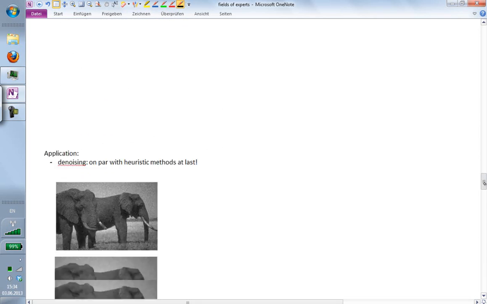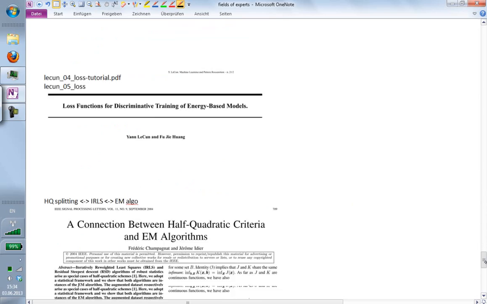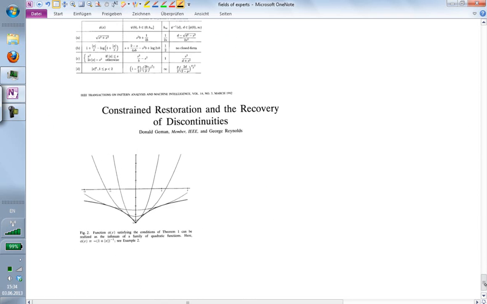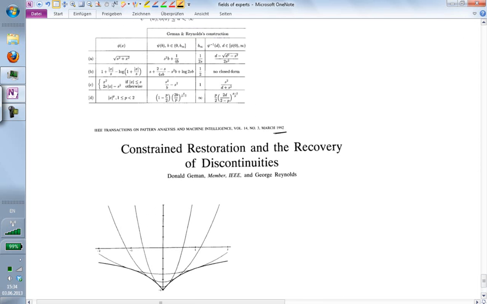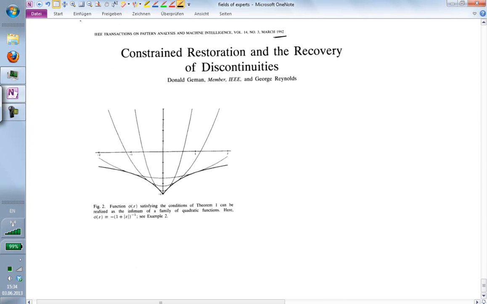However, you can also just look at it empirically. I have a picture here from an important paper by Geman and Reynolds in 1992, where they show how a robust potential can be locally approximated by parabolas.